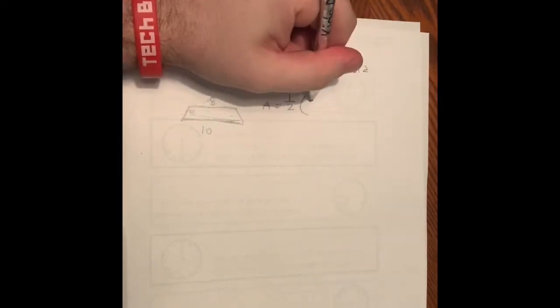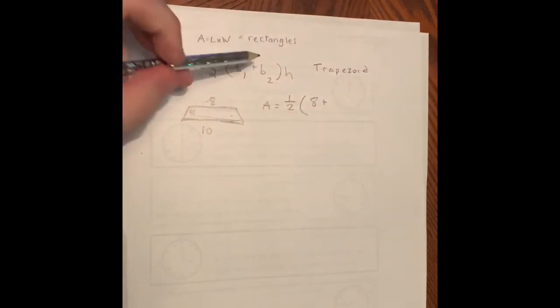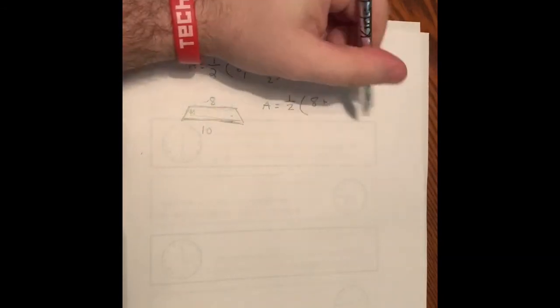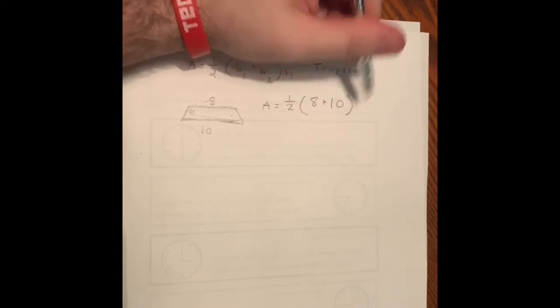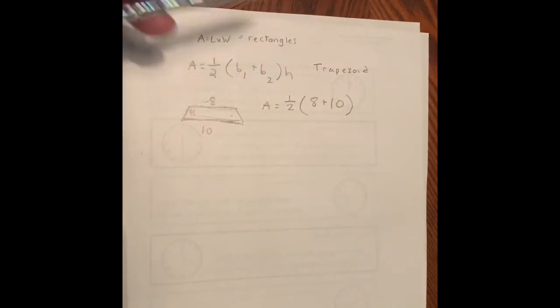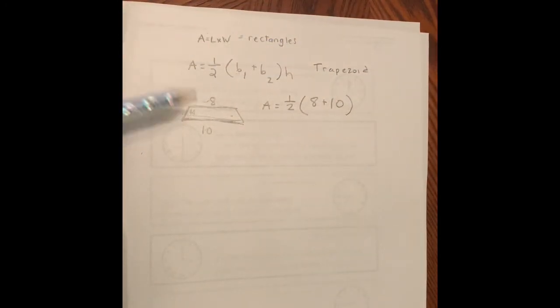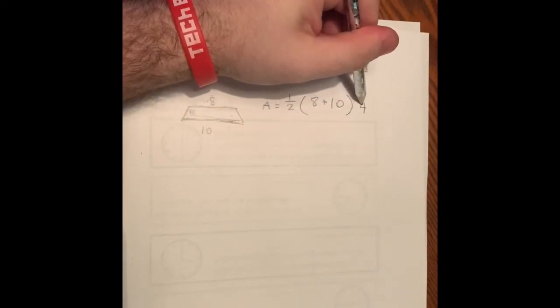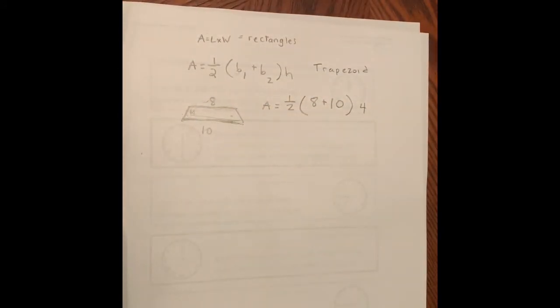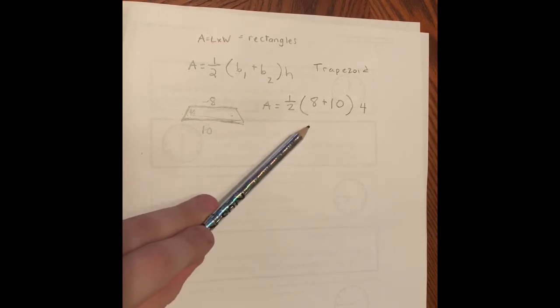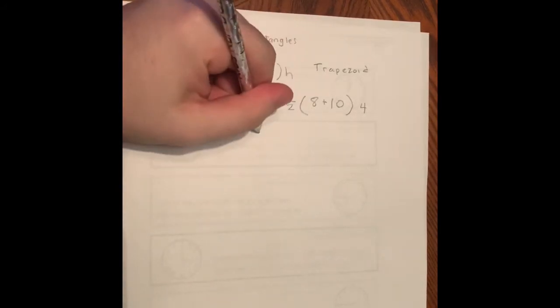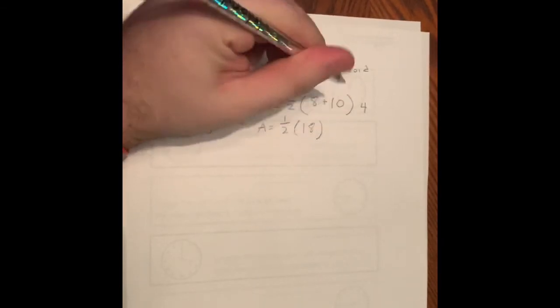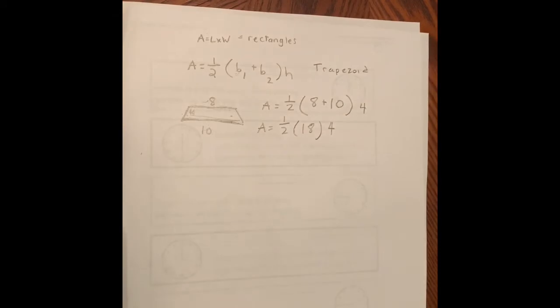I'm just going to put 8 plus base 2, which is going to be the other base, 10 times the height, which is going to be 4. So when I go ahead and solve this, first I'm always going to do what's in the parentheses. So the area of this trapezoid is going to be 1/2 times 18 times 4.